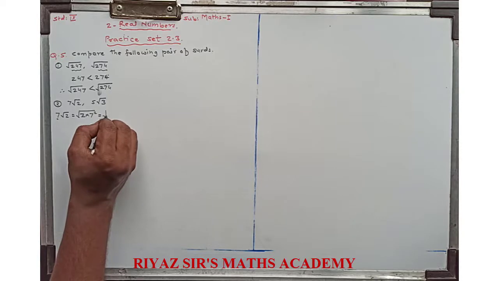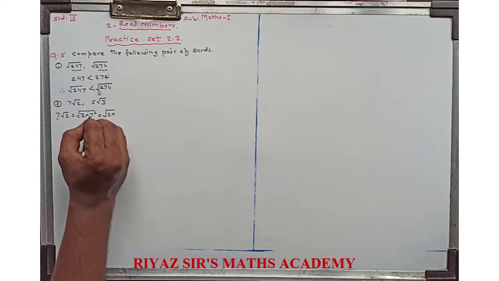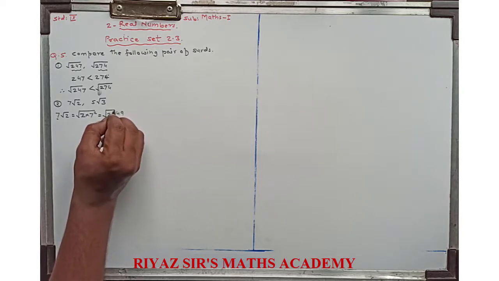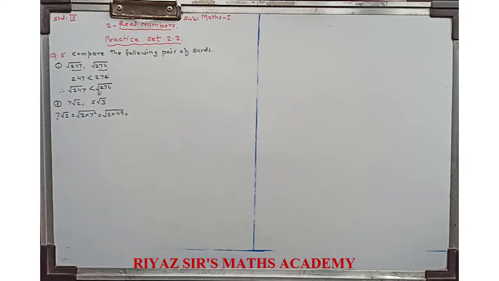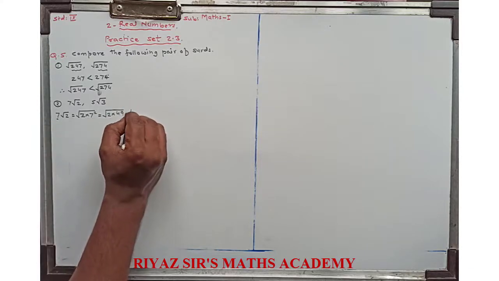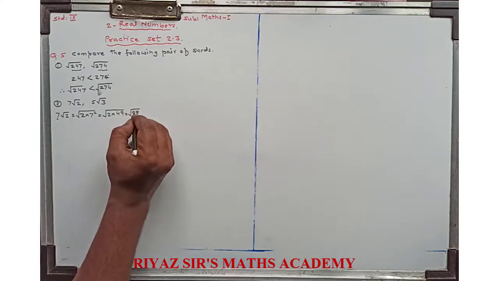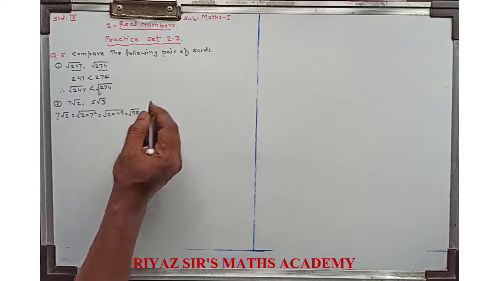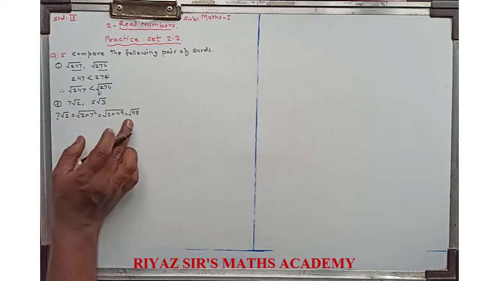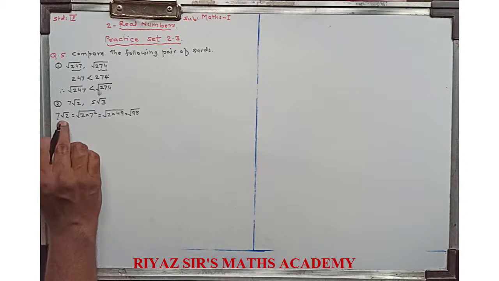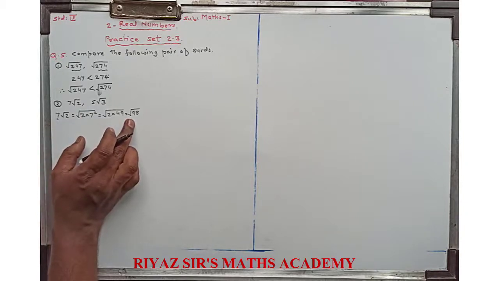So you will get square root of 2 into 7 square, that is 49, and 49 twos are, 2 nines are 18, it is 98. In this way we remove that 7 from outside of the given surd, and that surd is converted to root 98. 7 root 2 is converted to root of 98.